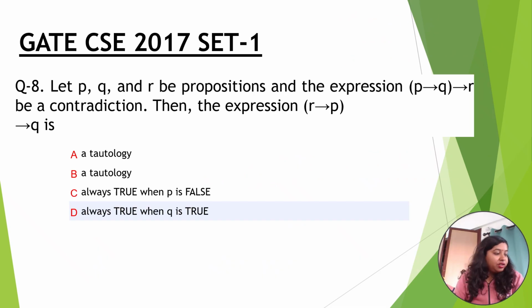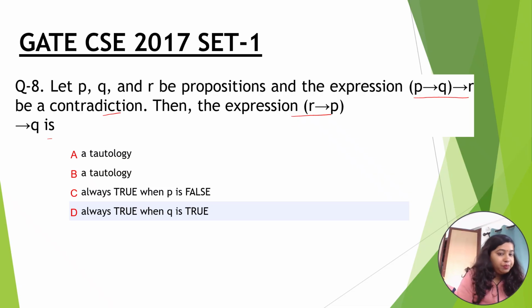Now next question is, let P, Q, R be propositions. The expression P gives Q gives R can be a contradiction, and the expression R gives P gives Q is a what? Tautology or something else.